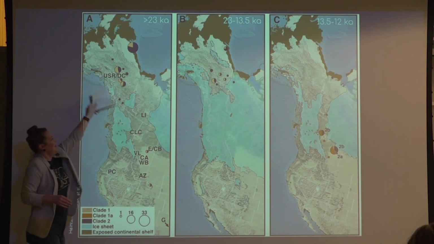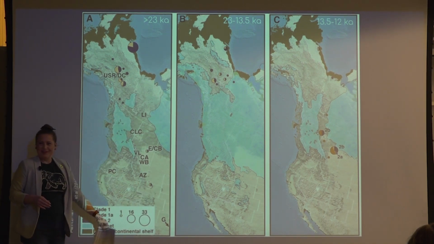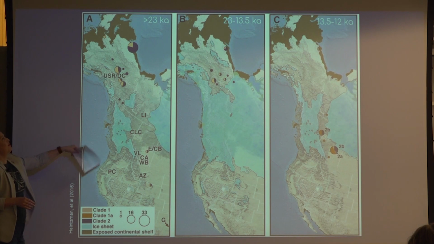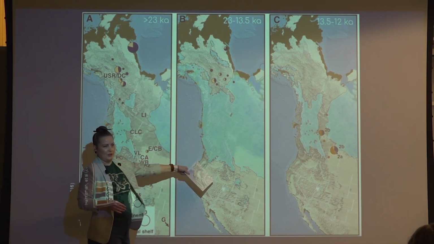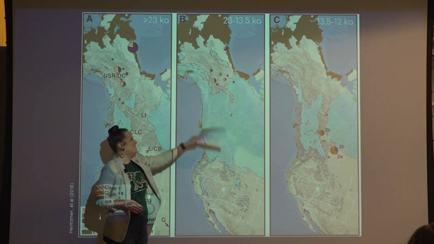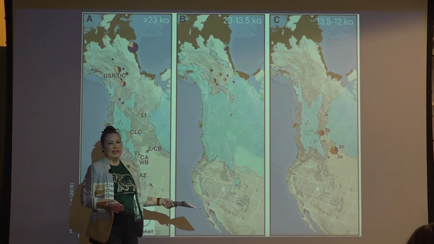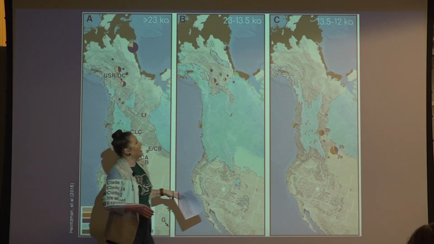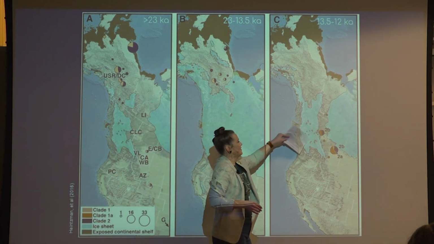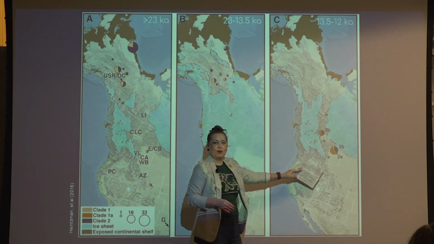And you can see there's a lot of space to go around. You could travel all over the place before 23,000 years ago. Then was the last glacial maximum. It was pretty locked down, unless you went along the coast, but that would have been pretty rough traveling if you couldn't go inland at all. And then here's this 13,000 time with the corridors.